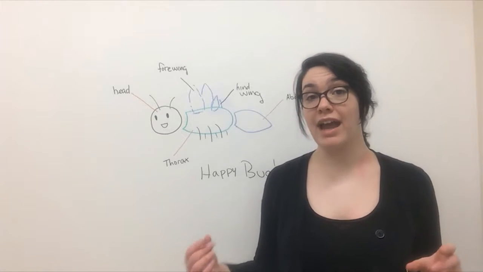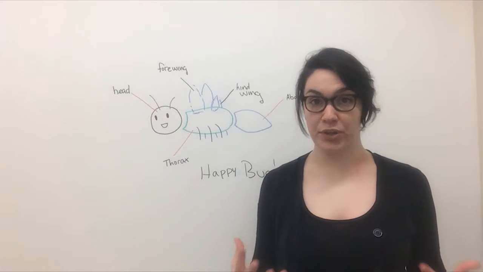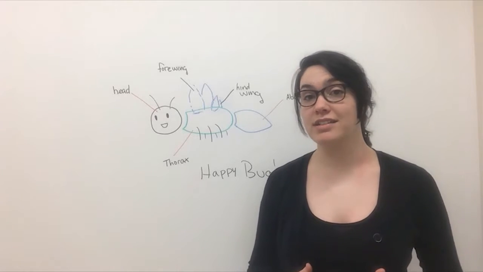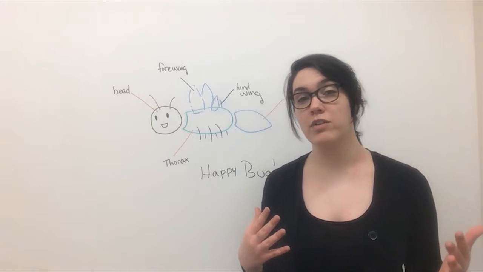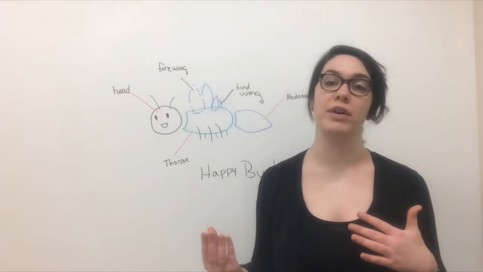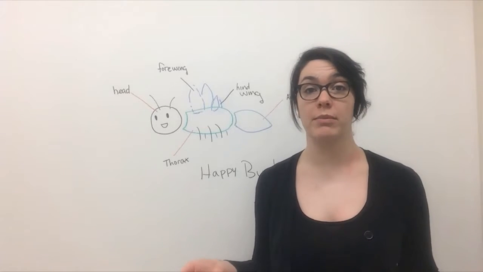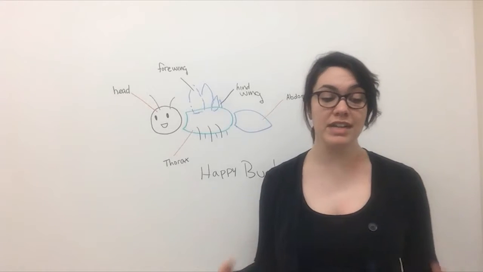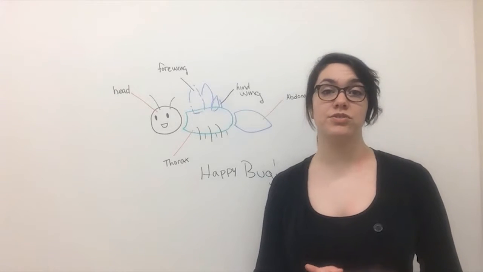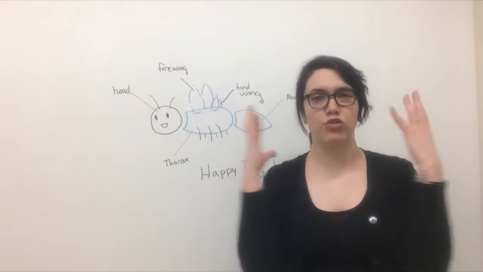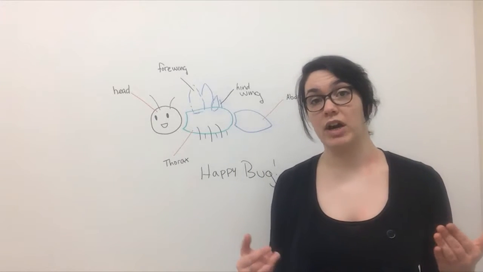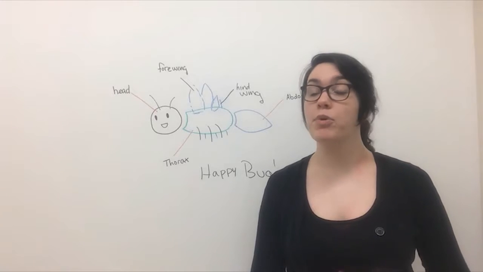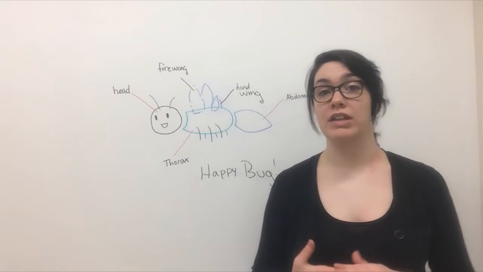What I'm really getting at here is something that makes insects pretty interesting, is that their skeleton is on the outside of their body. This may be something you have heard of before, but what I'm really talking about is the exoskeleton. The exoskeleton is a hard, kind of crunchy layer on the outside of an insect's body that gives them support, protection, among other things.